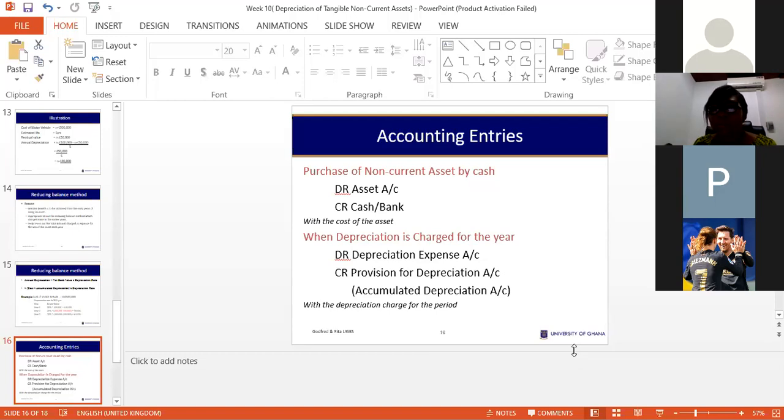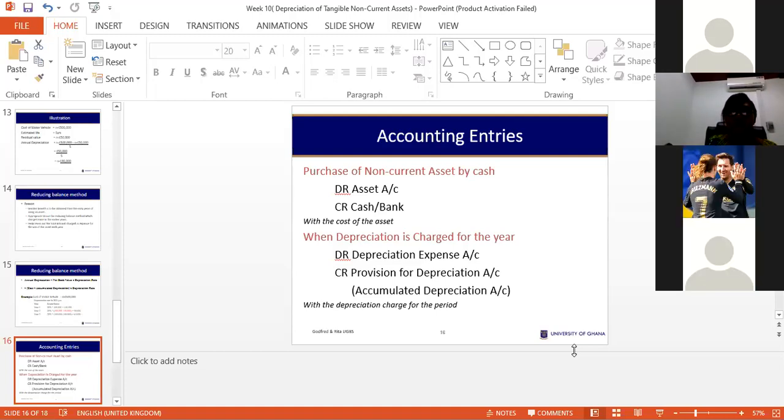Debit balance. Good. All expenses have debit balances, so the depreciation expense account is debited. Then we credit the provision for depreciation account.